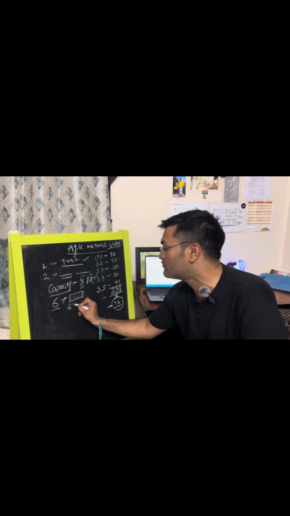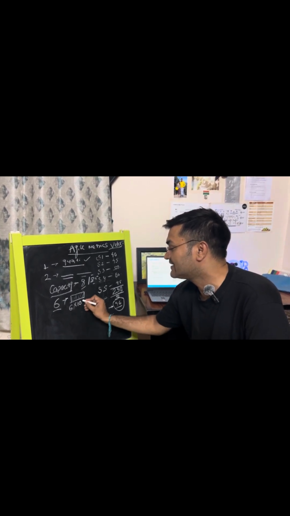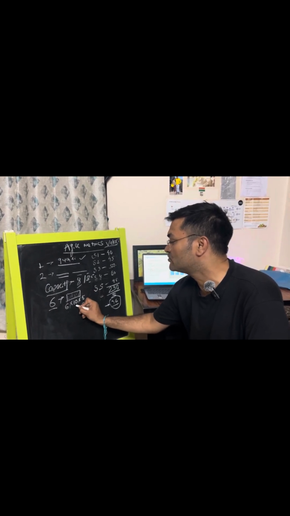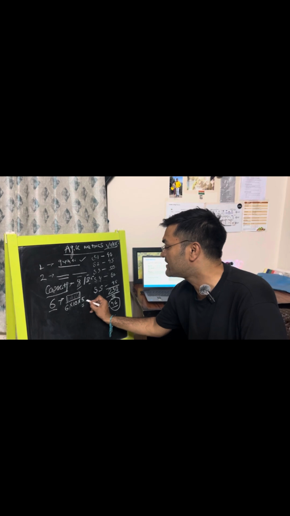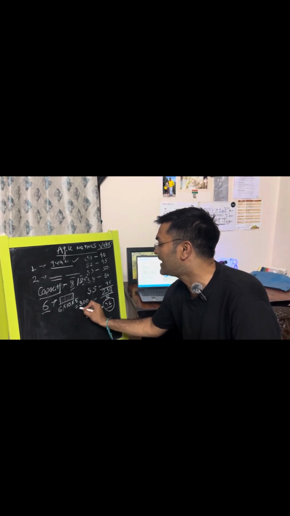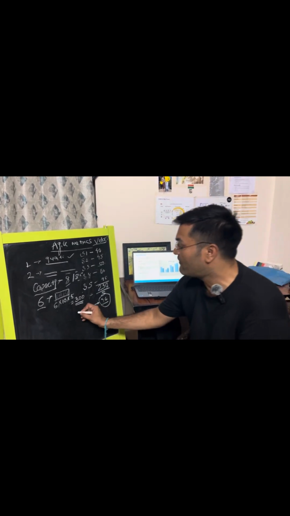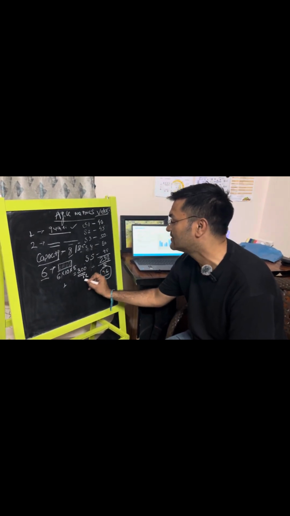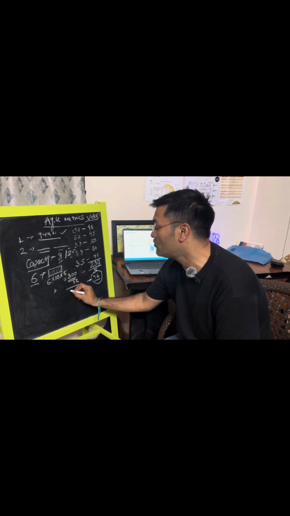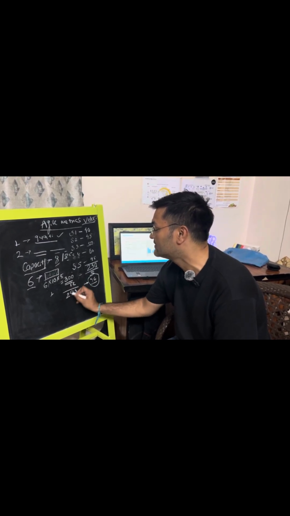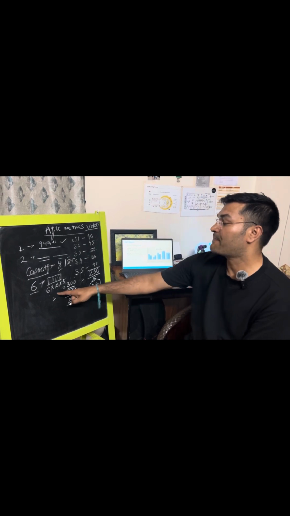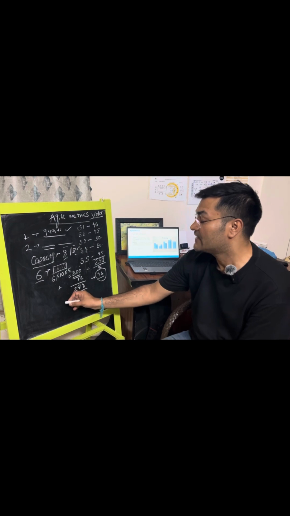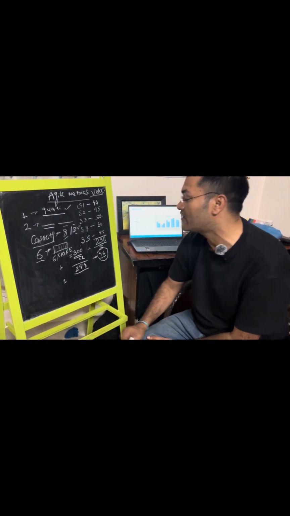So 6 hours into, let's say, your team has worked 10 days in a sprint, and there are 5 team members. So 6 into 10 into 5, the total will be 300. That's your capacity, my friend. If one or two team members are out on leave for 2 days, then you deduct 6 into 2, 12 hours.